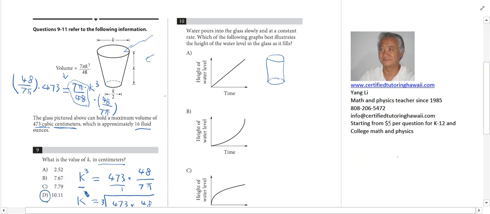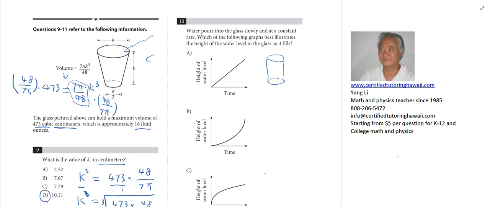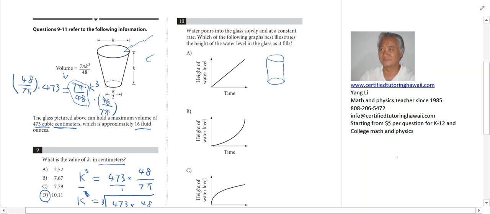Now the B. The B shows what? Because here you can see the slope. At the beginning, the slope is flatter. Here, flatter.